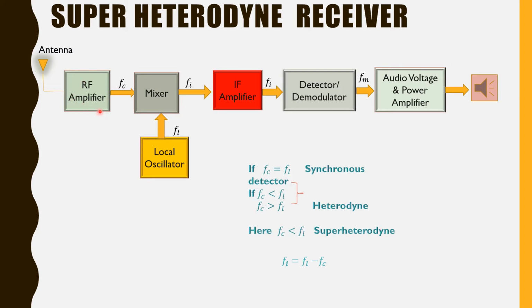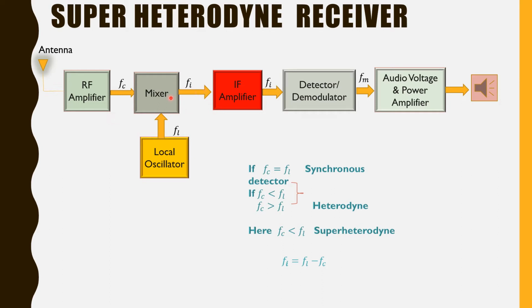So RF amplifier increases signal to noise ratio, and by increasing signal to noise ratio, it increases sensitivity of circuit. And third purpose of RF amplifier is to reject unwanted signal. So if any unwanted signal is there at the input to RF amplifier, it will reject that unwanted signal.